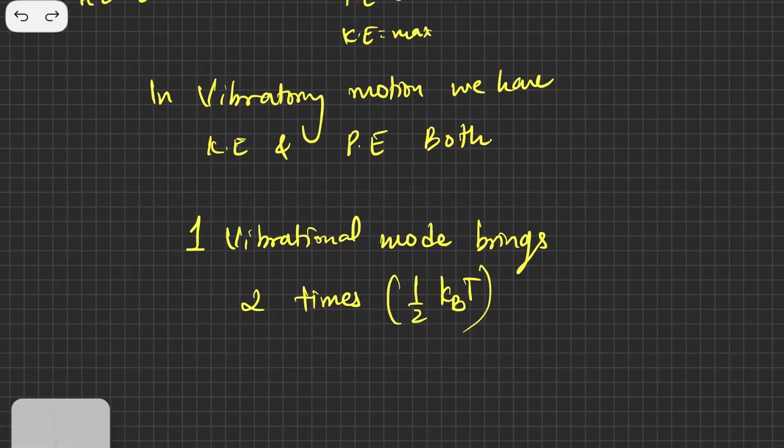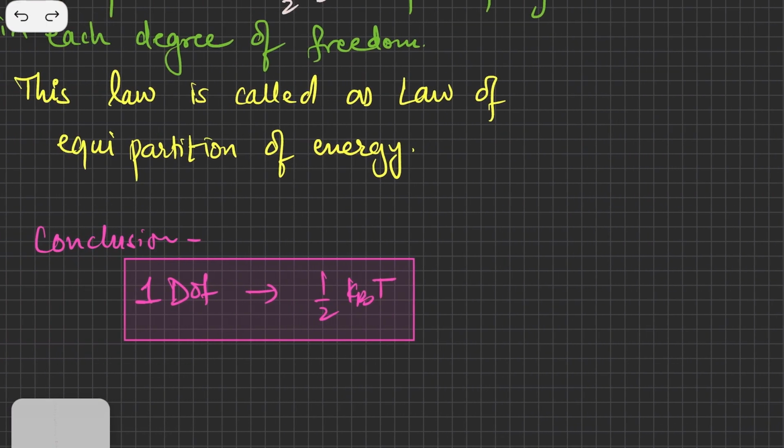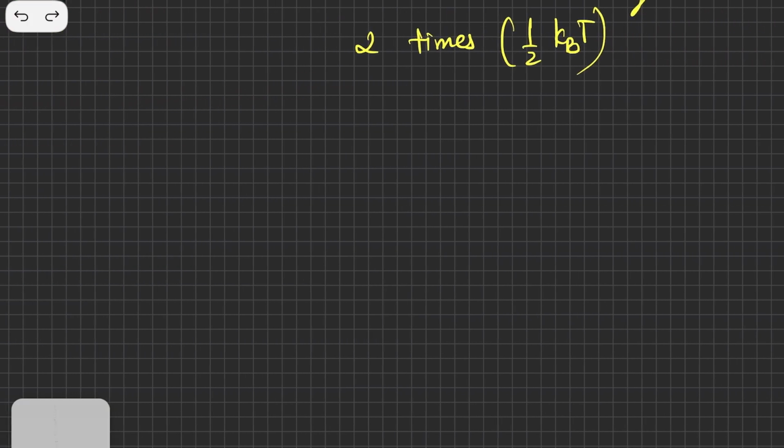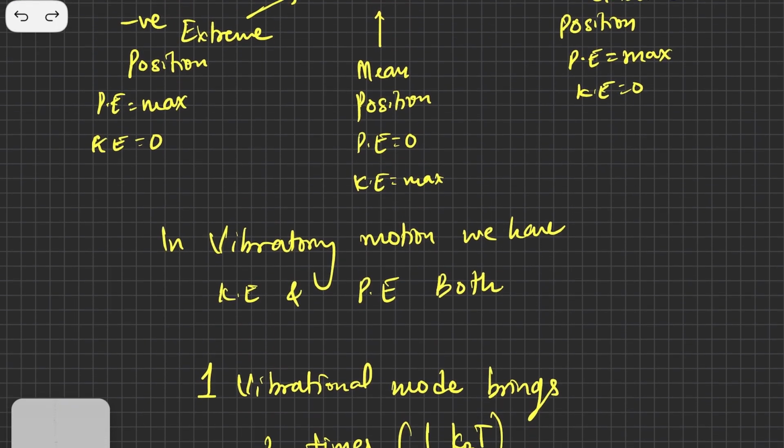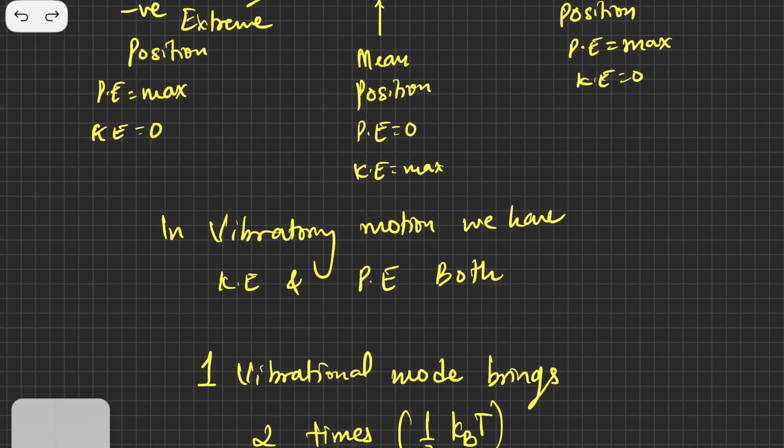As we have discussed here, 1 degree of freedom brings half kBT. Yes, this is true for translational and rotational degrees of freedom. However, when the body is oscillating, like in this case, one vibrational mode will bring 2 times half kBT because there is a potential energy term as well.